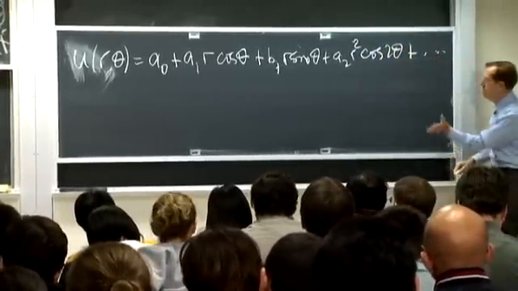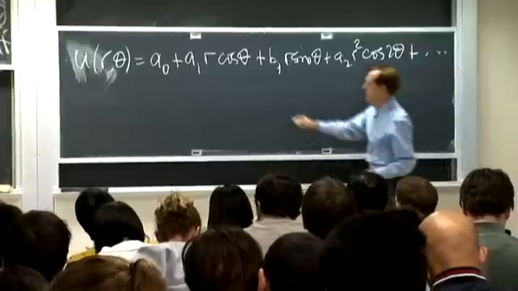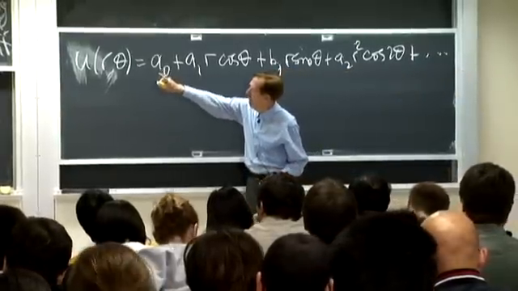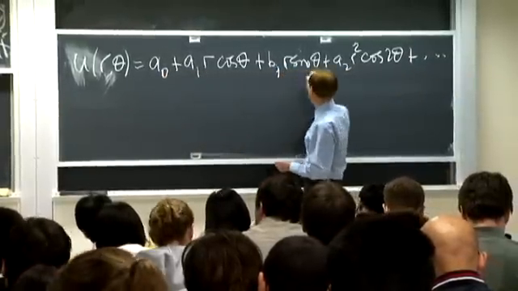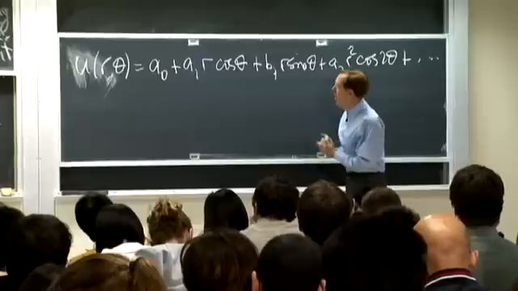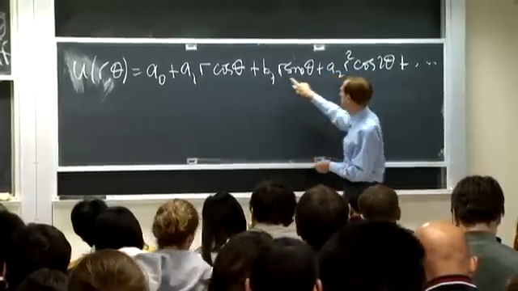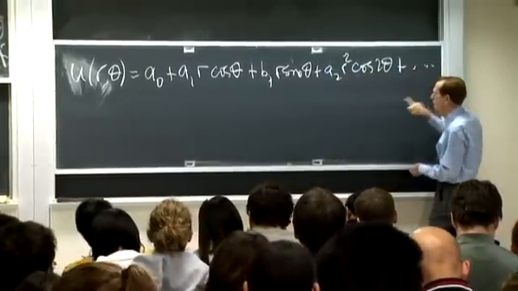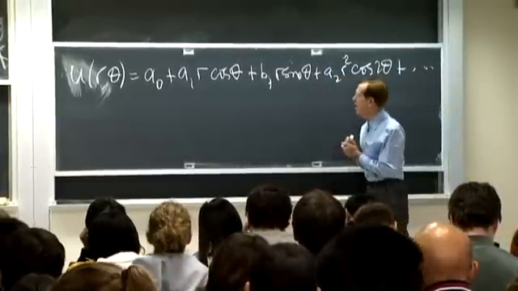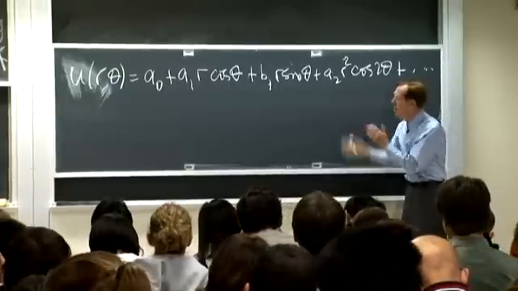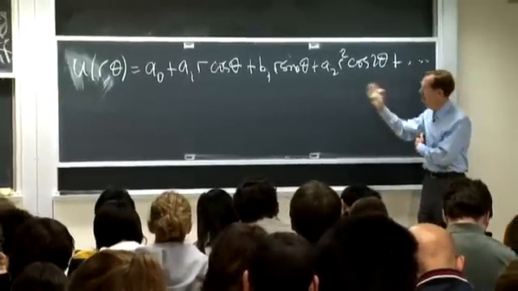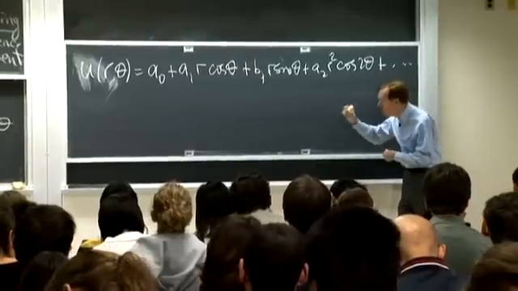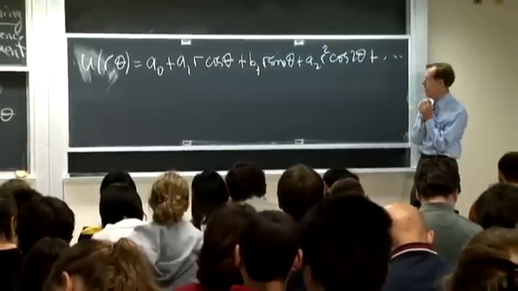I'm just taking any combination, using the a's as the coefficients for the cosine guys, and the b's, b1, b2, b3 would be the coefficients for the sine ones. Okay, that's my general solution. That solves Laplace's equation. Every term did, so every combination will.